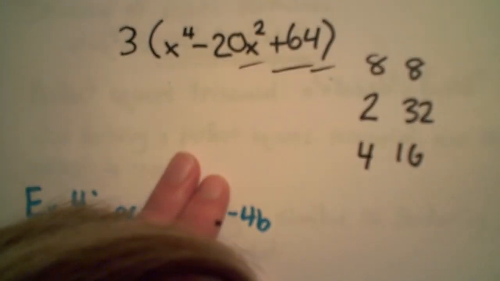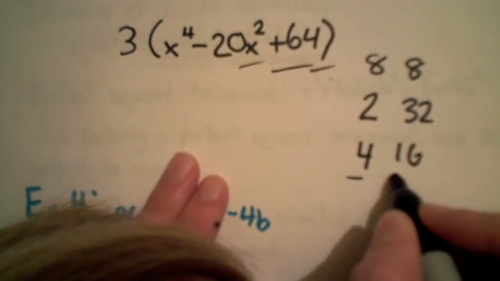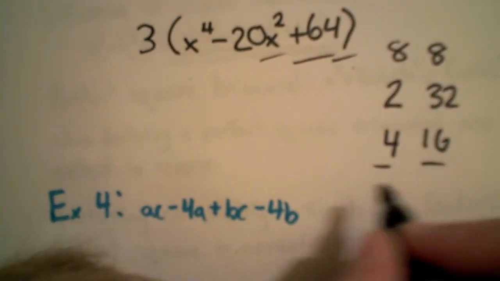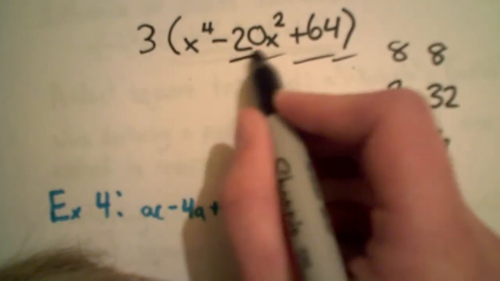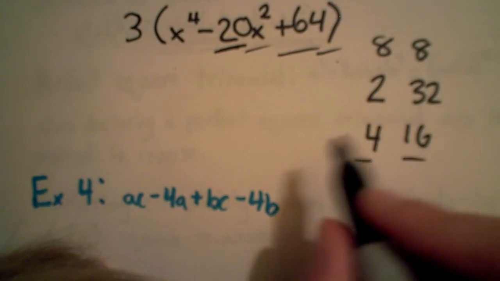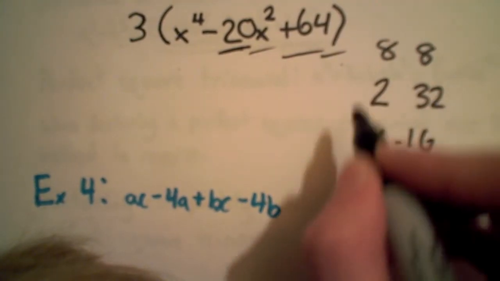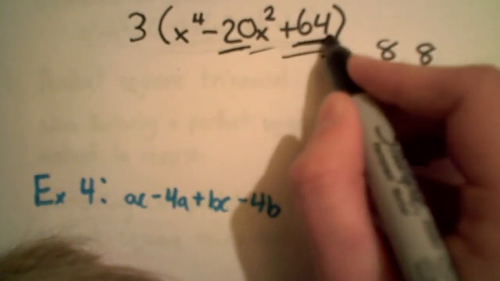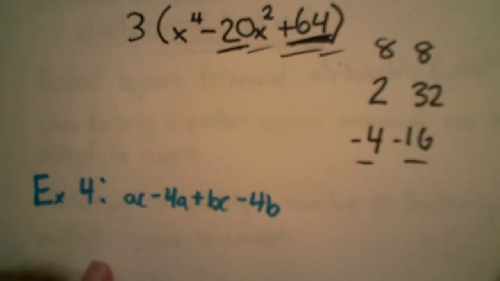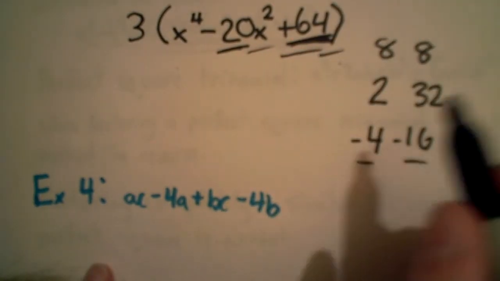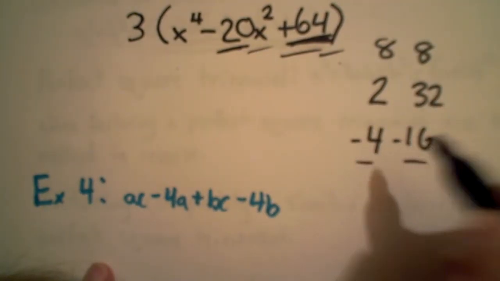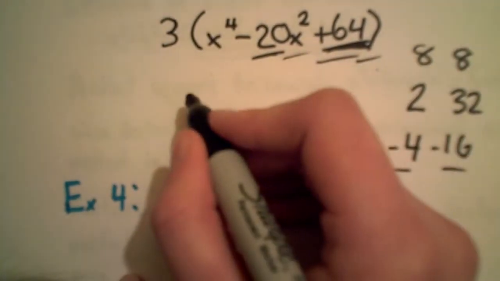Oh, let's look at that. 4 and 16, I like that, because we're trying to get this to combine just like we were doing before. If we make these both negative, then we'll end up with a positive 64, because a negative times a negative is a positive. And if we add these, we get a negative 20. So that's exactly what I want.